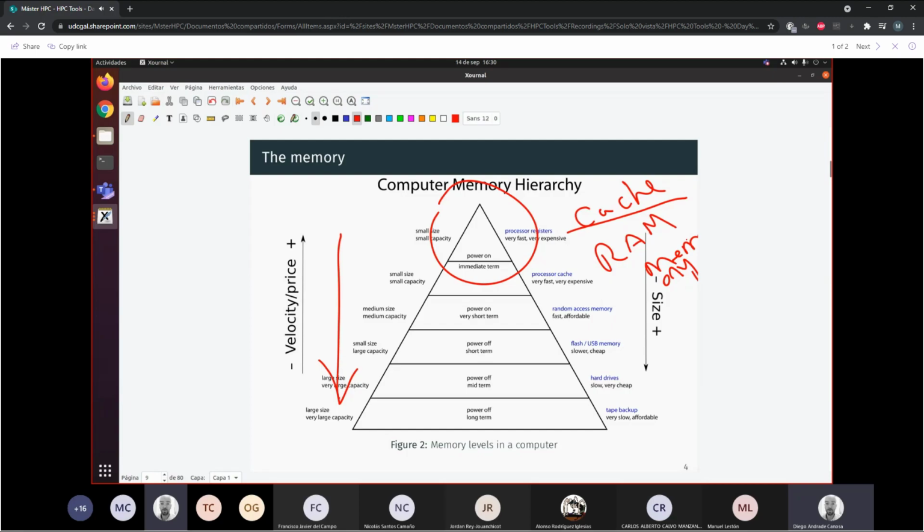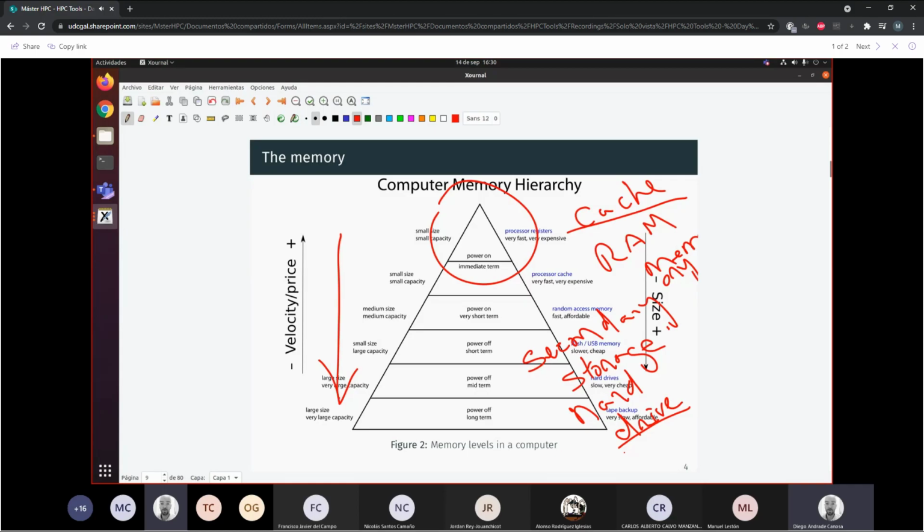Below the RAM memory, we have usually the secondary storage, also known as the hard drive. And this is a non-volatile device where we store all the information that we want to make permanent, that we don't want to go away when the power goes off. Okay, so that's the idea of the computer memory hierarchy.